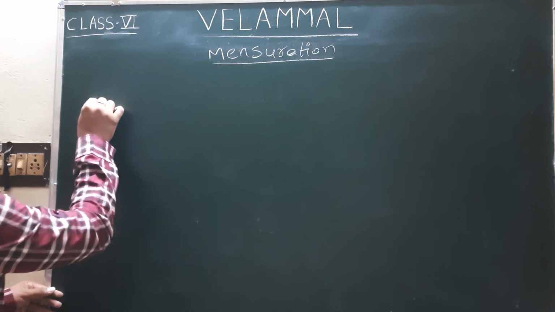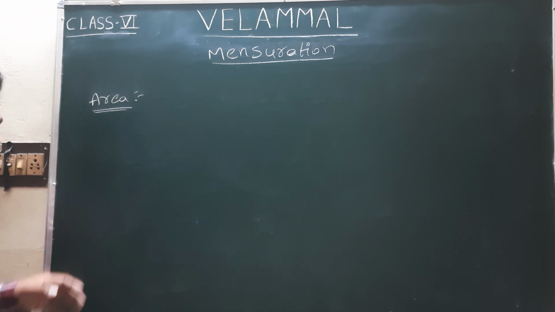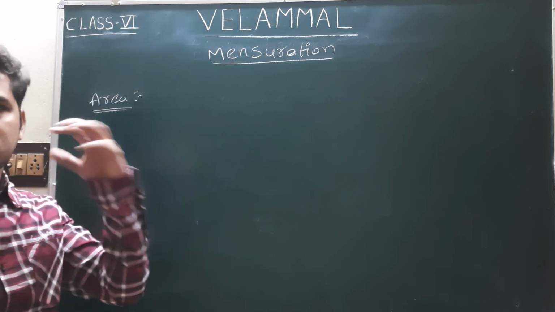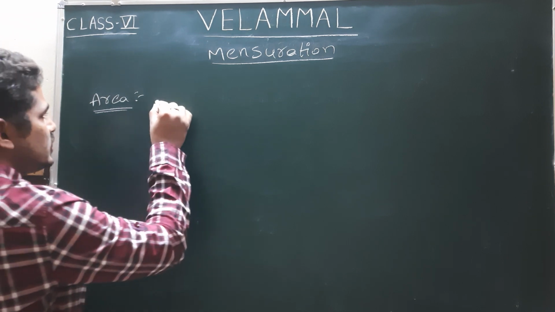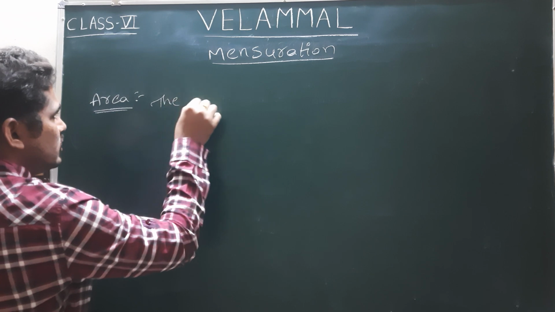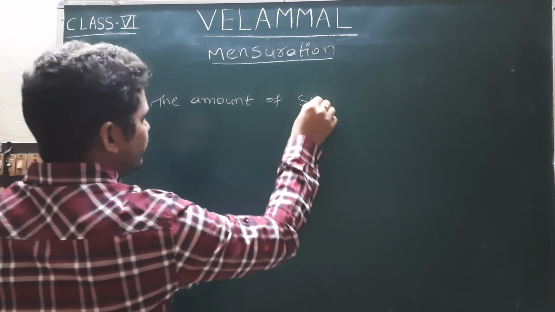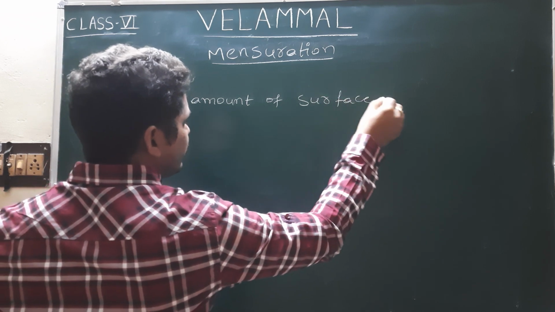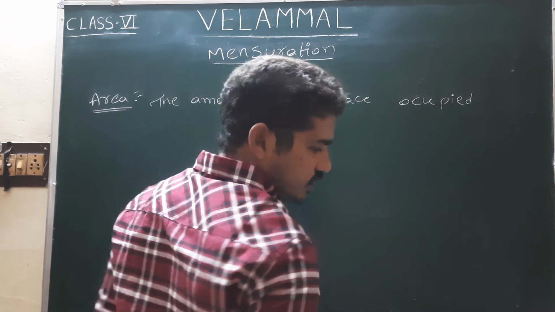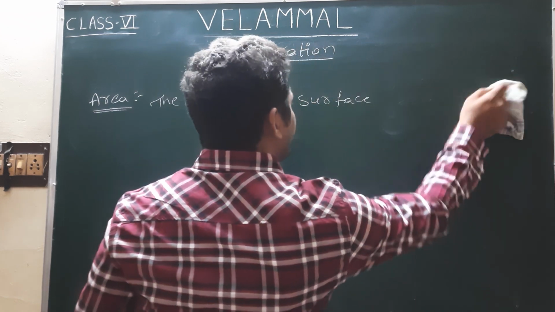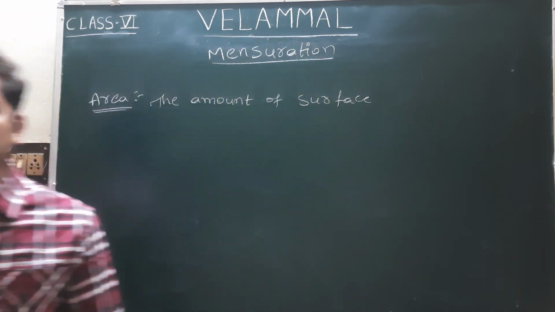Next we are saying area. Area is nothing but how much surface it occupies. That is called the area. Area is the amount of surface occupied, or the amount of surface contained.